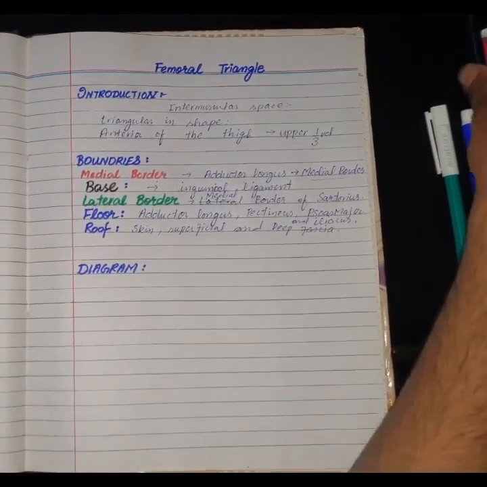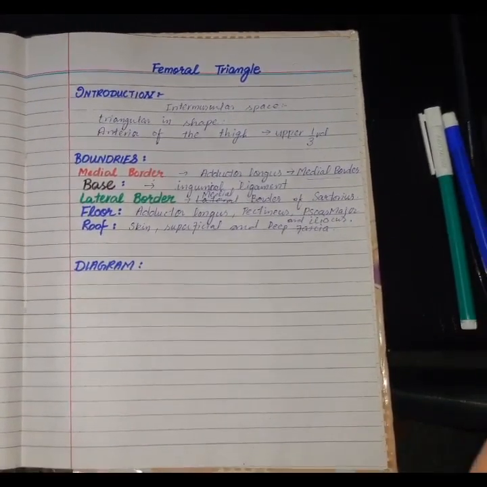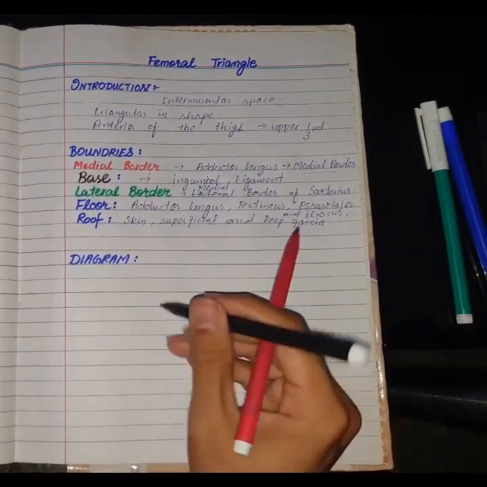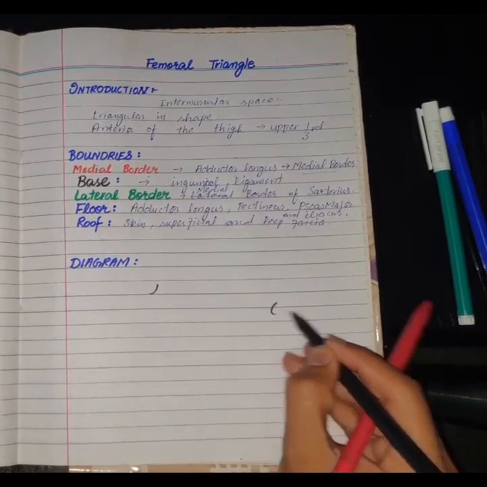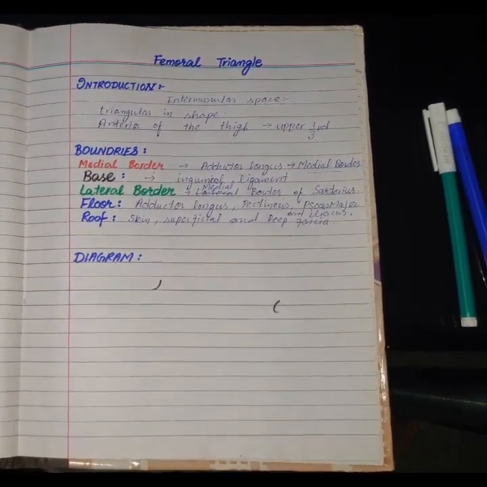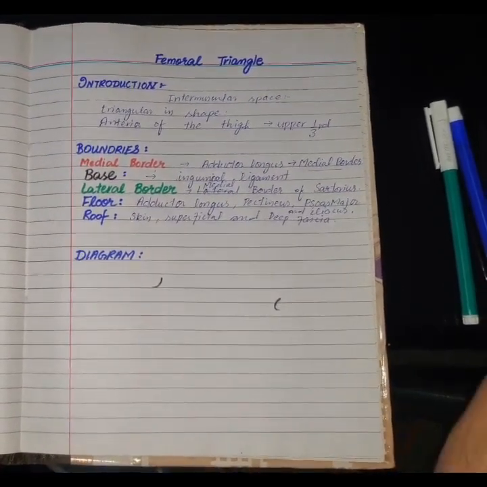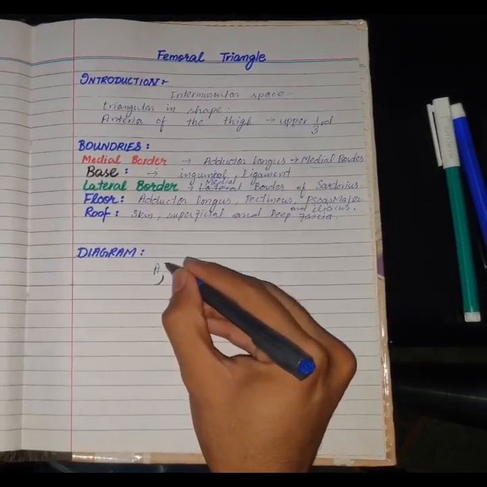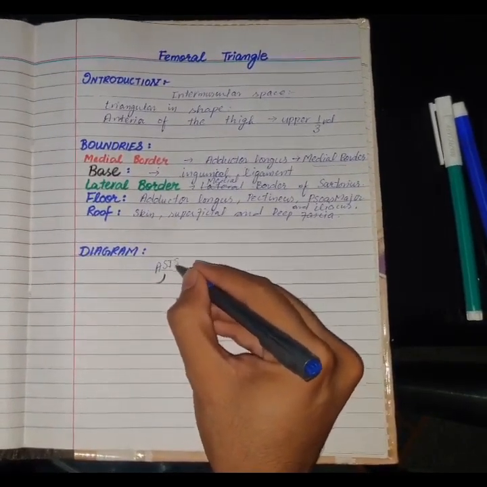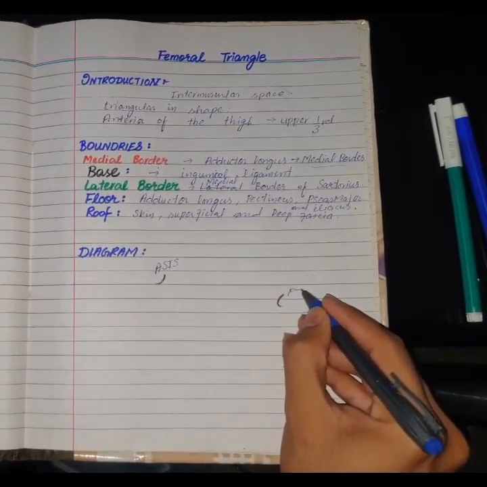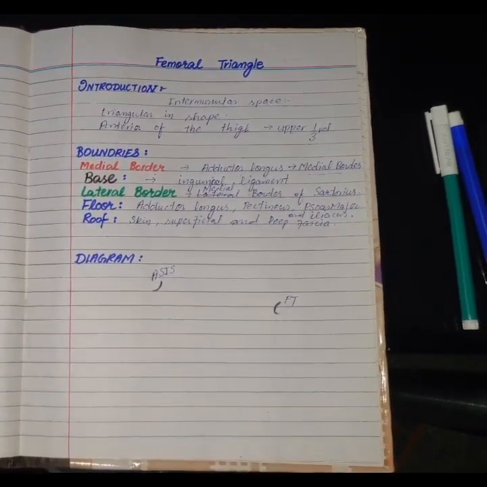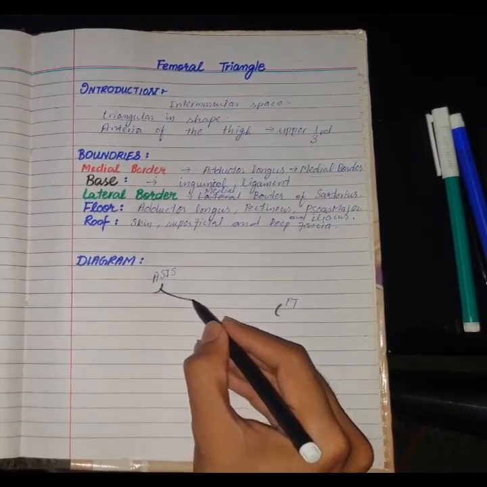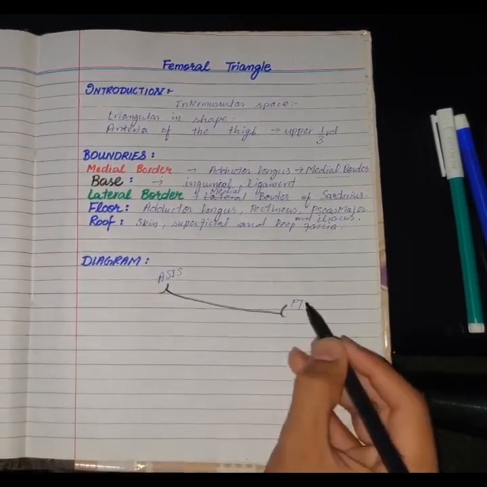So we are going to draw a diagram. These are 2 landmarks of the hip bone, anterior superior iliac spine, and this is pubic tubercle. Between these 2 landmarks there is the attachment of inguinal ligament.